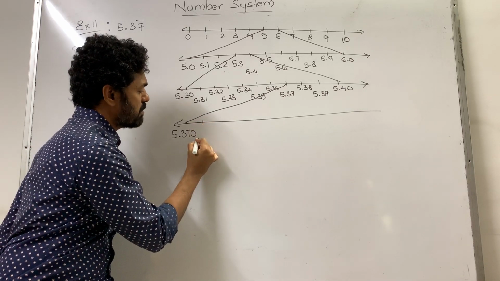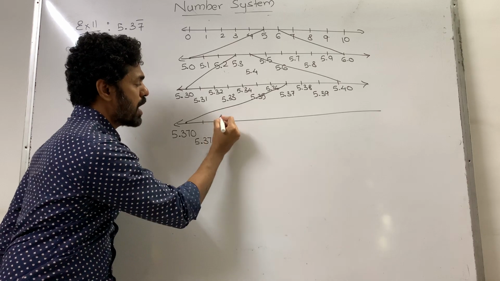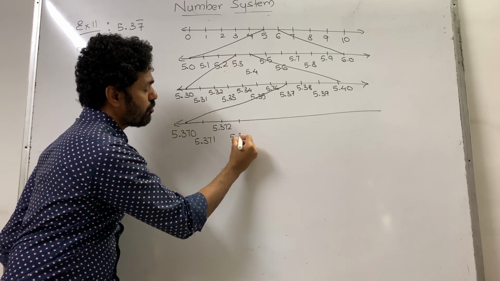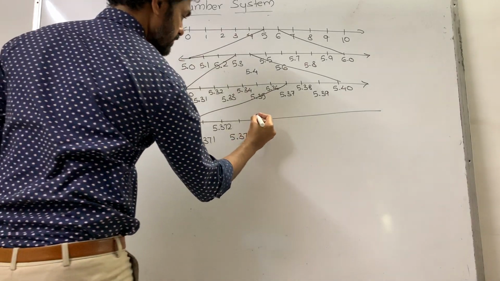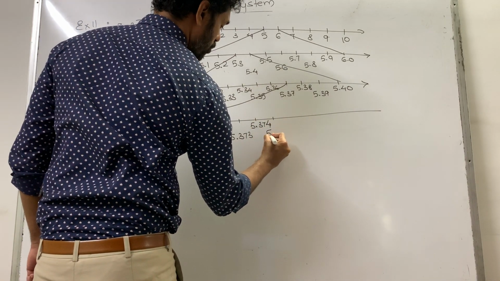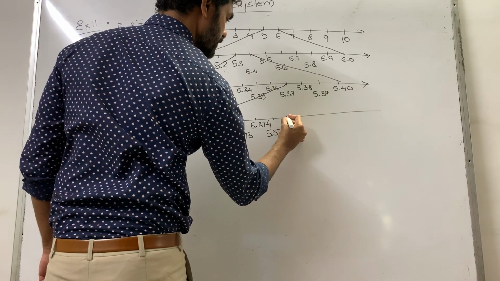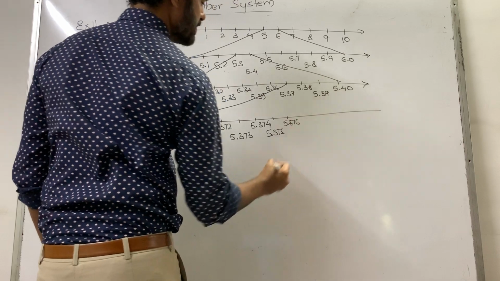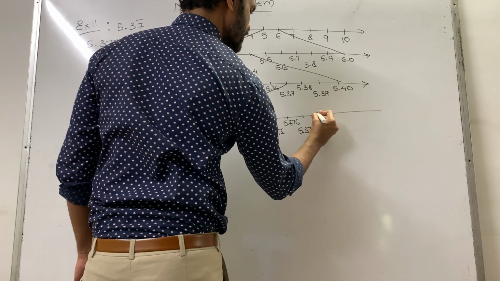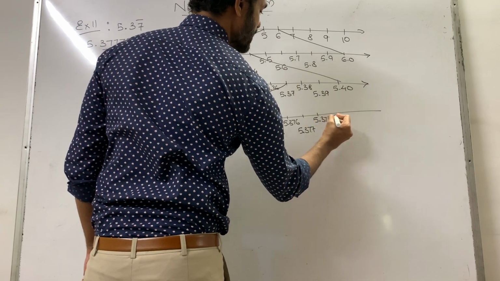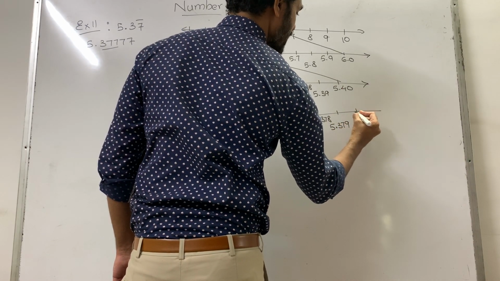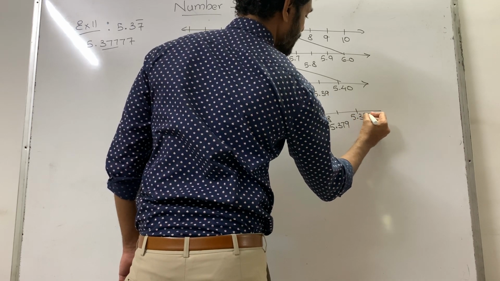5.370. The next number would be 5.371, then 5.372, 5.373, 5.374, 5.375, 5.376, 5.377, 5.378, 5.379 and last 5.380.